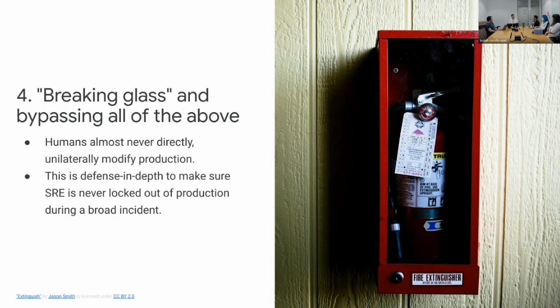There is a non-zero chance of all of those things happening. We need to make sure that there isn't some correlated outage that takes down that two-factor step and takes down my release pipeline and takes down whatever else. It's definitely possible. And we don't want to lock the keys in the car by preventing an SRE from being able to just break their way in and make the change.